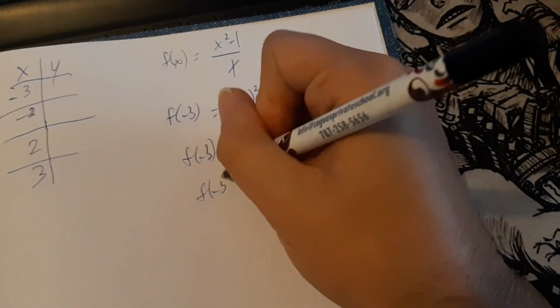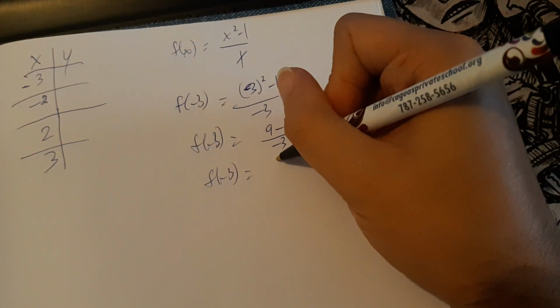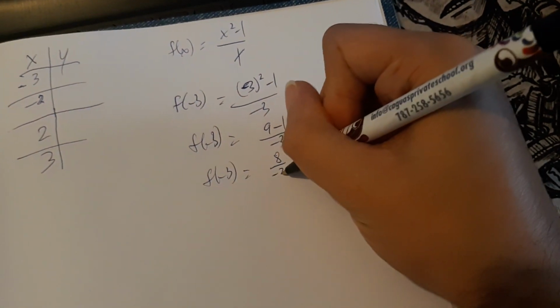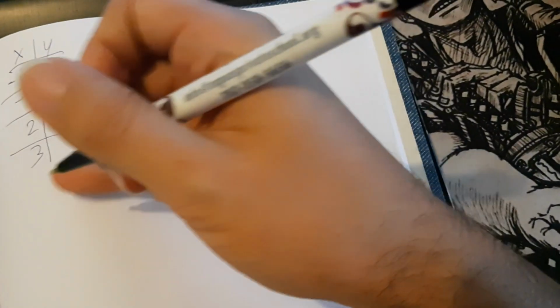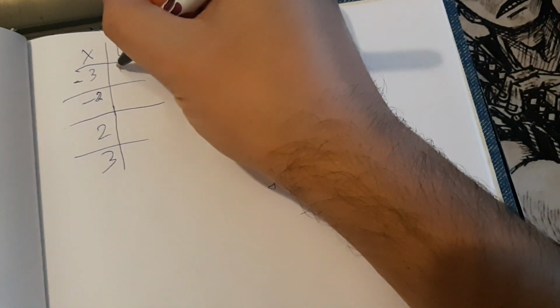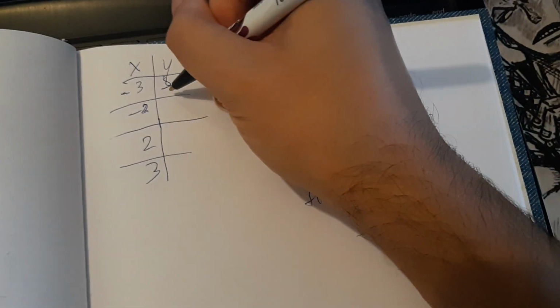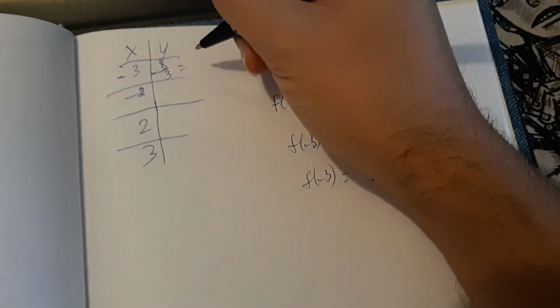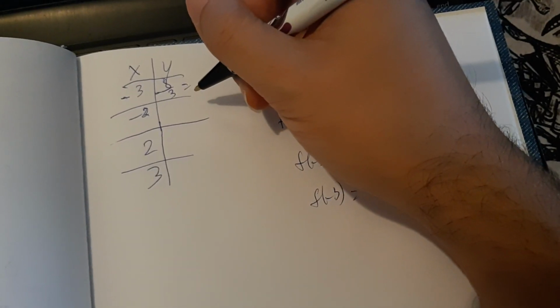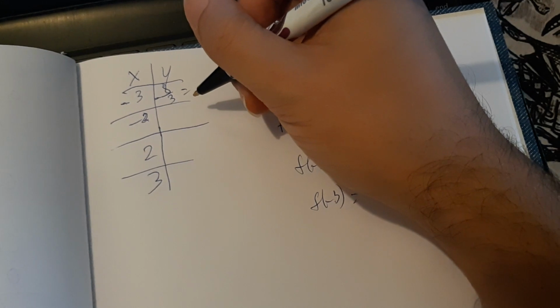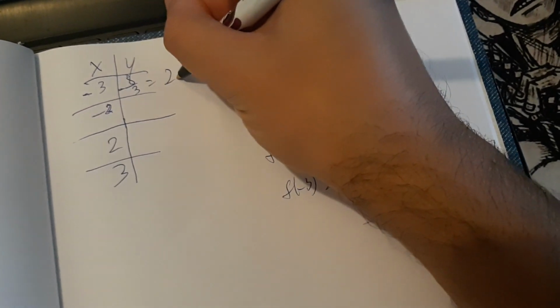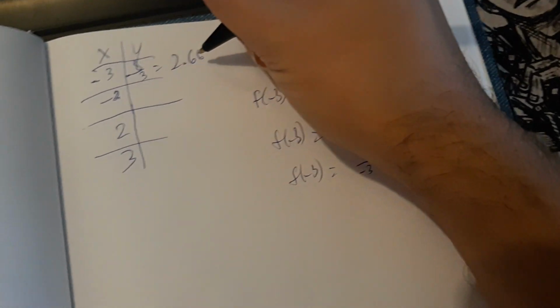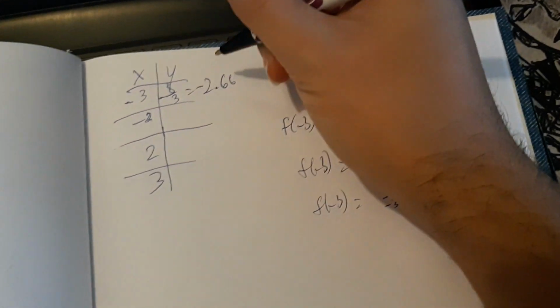And f of -3 is equal to -8/3. So we have our first point, which we can change to a decimal. It would be, let's see if I know this, -2.66 if I'm not mistaken.